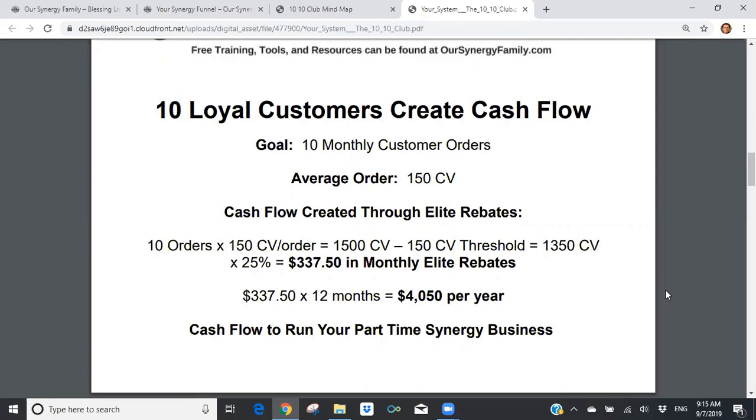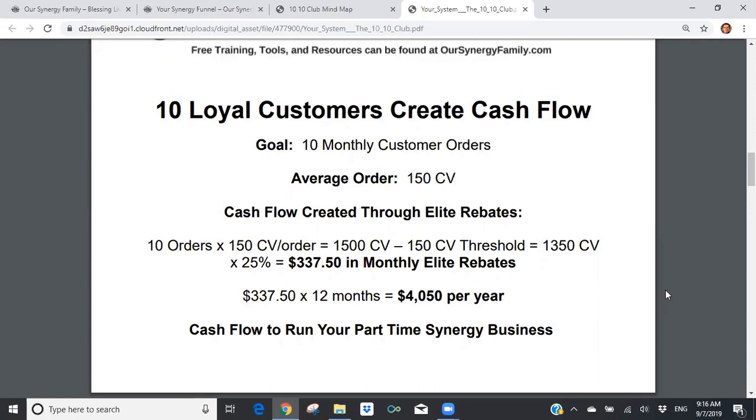My goal is to get it to 10,000 CV of volume every month on my Tracking Center 1 so that it's generating at least $2,500 in cash flow. That's my goal. I'm not quite there yet, but I'm certainly on my way towards that. But I have a $20,000 business just in customers, and most of that business is people who are automatically reordering on Synergy Worldwide.